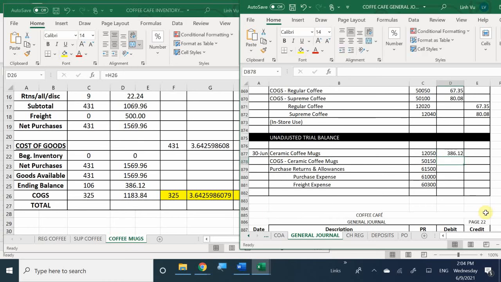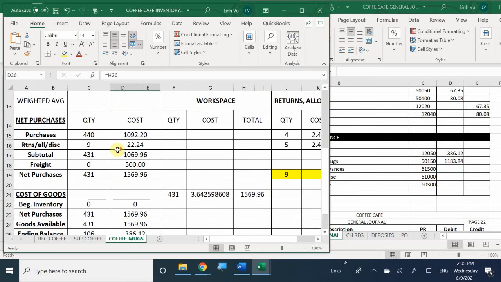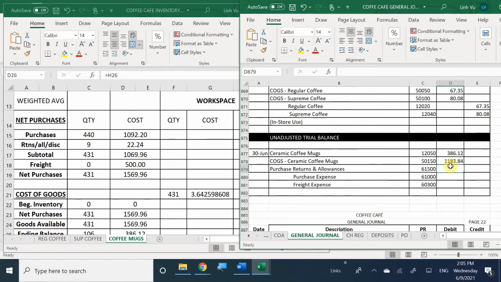How much was the cost of goods sold? 1183 and 84 cents. What was the total cost of your purchase returns and allowances? 22.24.